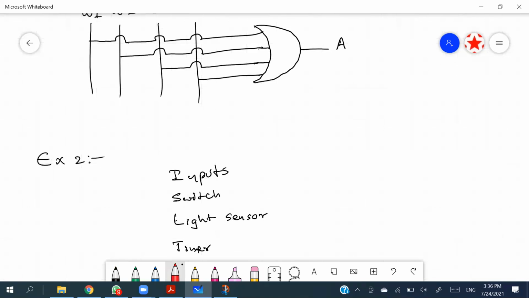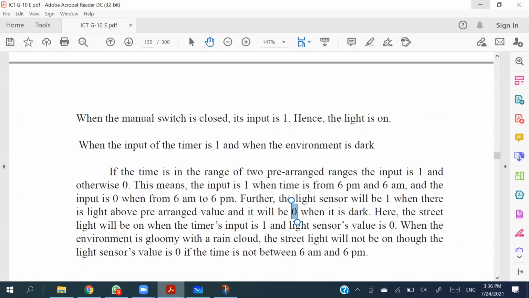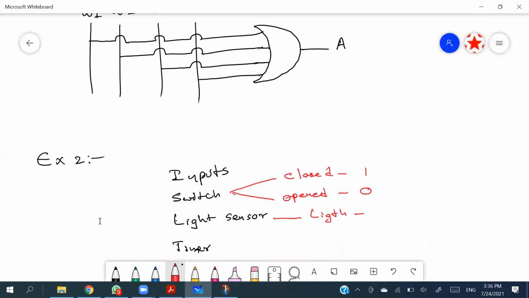They have described switch closed indicates 1, and switch open indicates 0. The light sensor will be 1 when there is light, and 0 when there is dark.